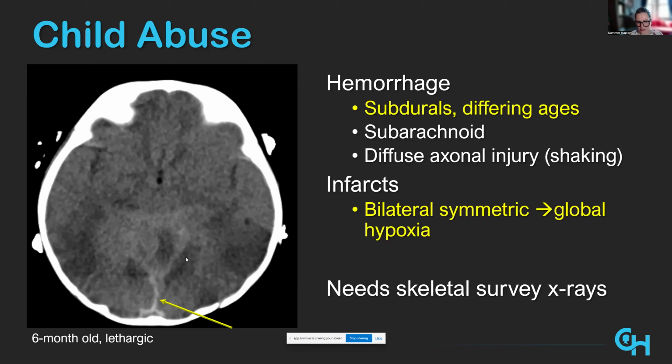In this case, we actually have even more injury. There are infarcts, those hypoattenuating, darker features that are bilateral. In this case, we see them in the parietal and occipital regions. And that bilateral, fairly symmetric hypoattenuation is a sign of global hypoxia. That may be as a result of cardiac arrest.